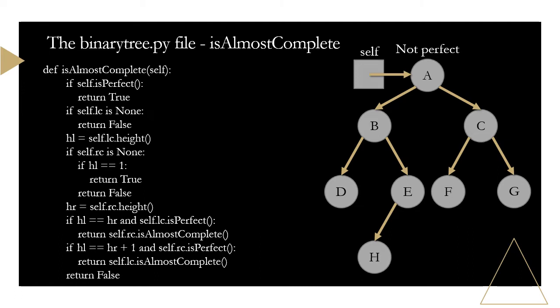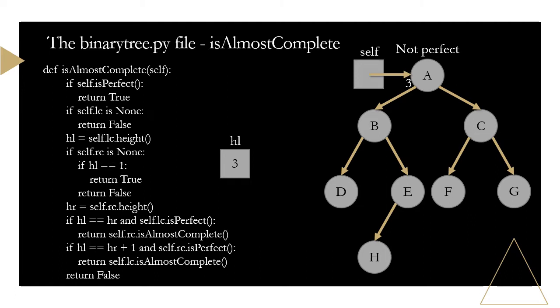And it does. So the second if is not met. Then we call the height function for the height of the left subtree rooted at B. So HL is 3. Then we check if there is a right child and it is there.